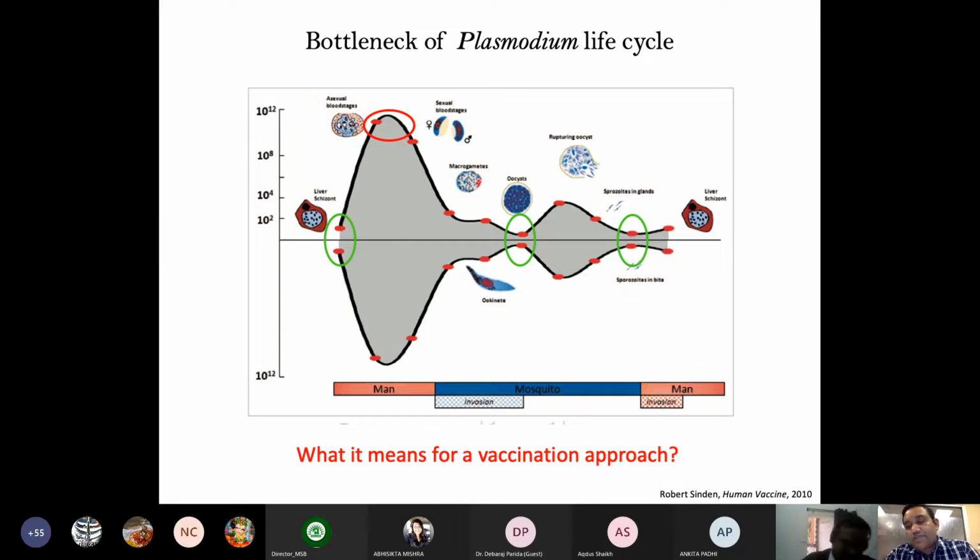The gene drive is a technology where you introduce a particular gene that favors either only male or female progeny, or they will make all the males sterile. This is what they do.